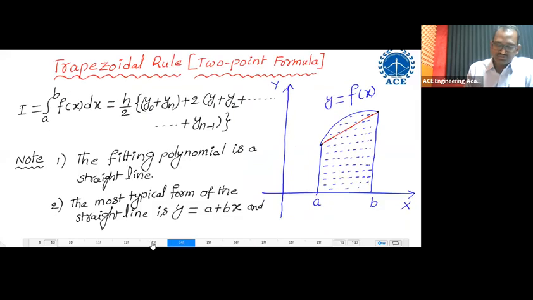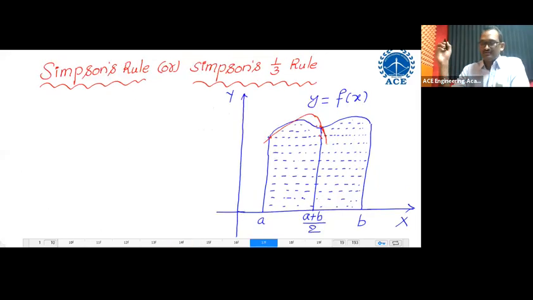See, you are getting confused. Integrand means removing the integration symbol and dx symbol; after removing them, this f of x is called the integrand. Now, in this subinterval, the curve is replaced by a parabola, and again in the next subinterval I want to replace the curve by a parabola. But your parabola has to pass through 3 points, minimum 3 points, maximum no limit. Point number 1, point number 2, point number 3. Why does the parabola have to pass through 3 points? I will let you know.